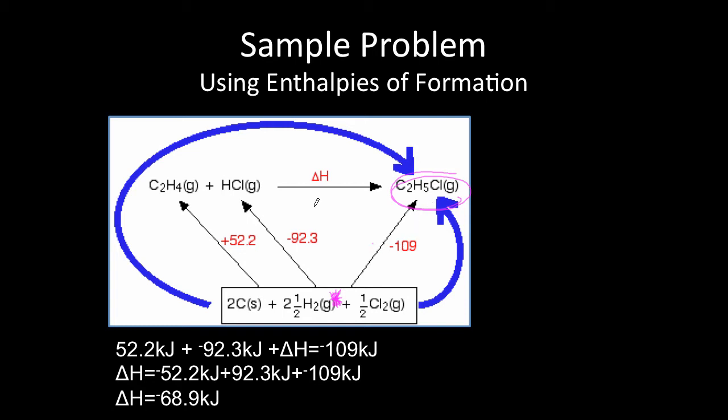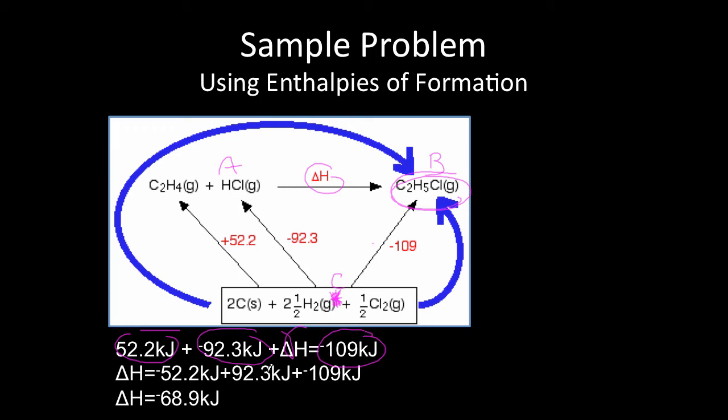We'll call this A, we'll call this B, and we'll call this C. So I have my pathway from C to B, and then I have my pathway from C to A, and finally to B. So the enthalpy of my pathway from C to A, which are my two enthalpies right here, plus the enthalpy of my reaction that I don't know, is going to be equal to the other pathway, the C to B pathway, which is negative 109 kilojoules per mole.